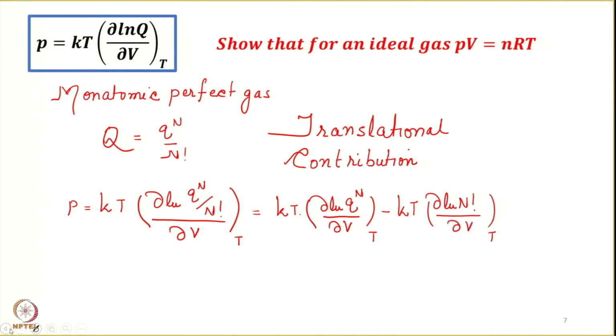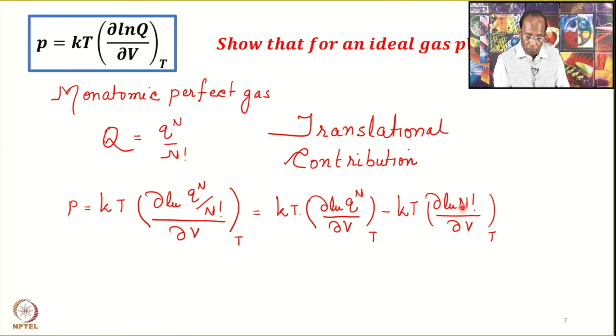Now concentrate on this one. It's a derivative of some number. So at constant temperature, this derivative of a constant number is 0. So we should only focus on this.